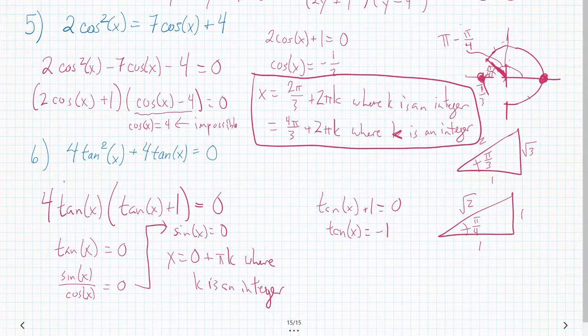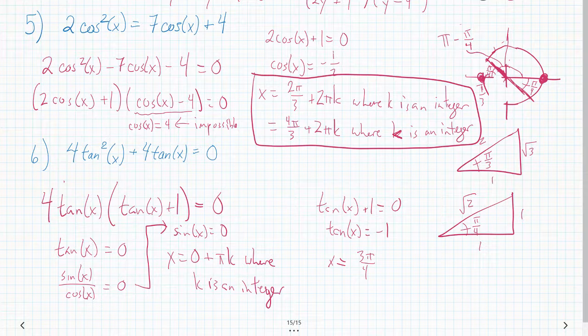Notice we have something nice happen. It just seems like we're adding pi k every time to whatever solution we get here. So pi minus pi over 4, we get x equals 3 pi over 4.